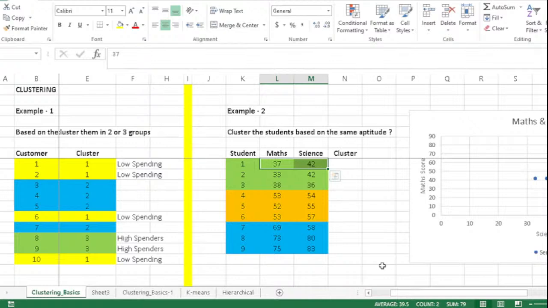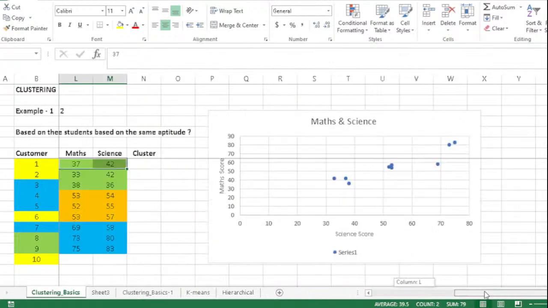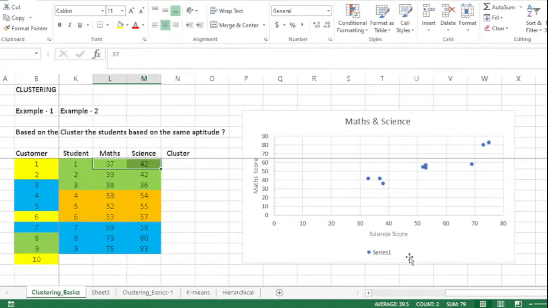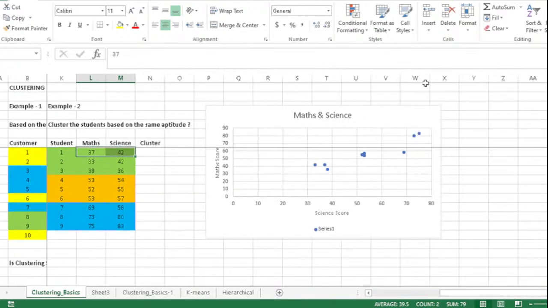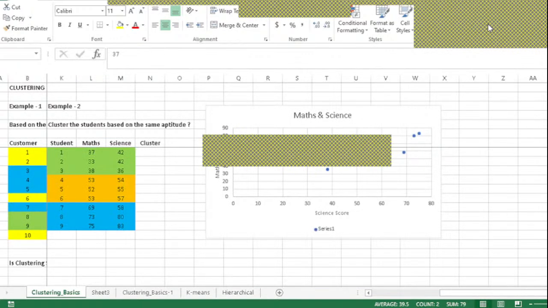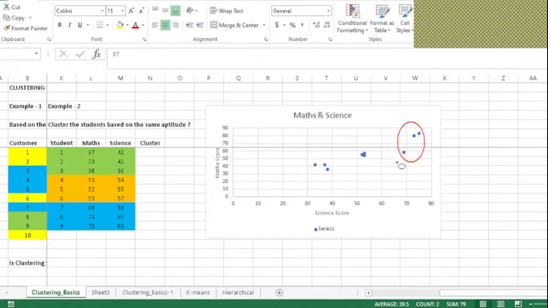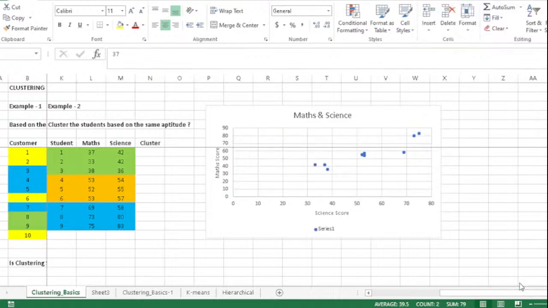And if I plot them, this is how they will be plotted. And you'll very easily be able to find that these belong to a single cluster, these belong to a single cluster, and these three belong to the same cluster, right?